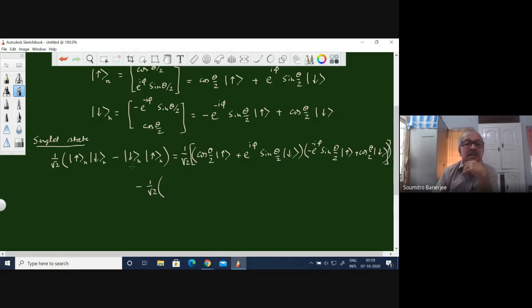Then this becomes the down first, minus again minus e to the power minus I phi sine theta by 2 up plus cos theta by 2 down, times up cos theta by 2 up plus e to the power I phi sine theta by 2 down.